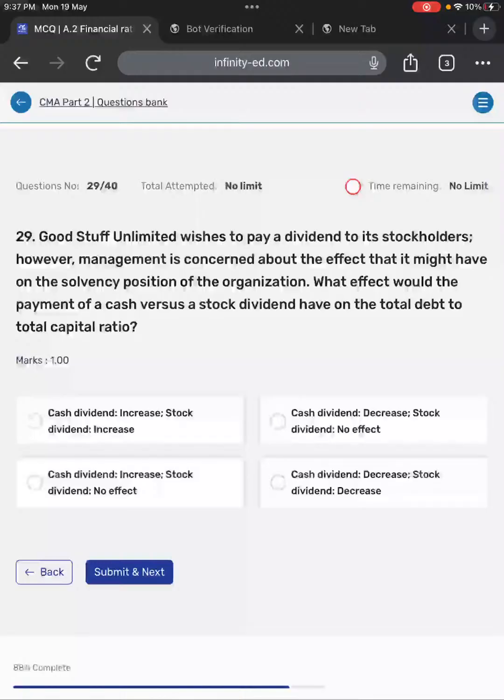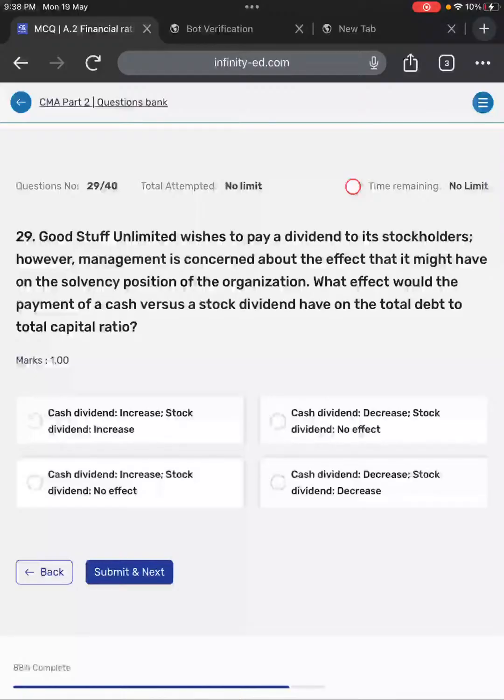Question number 29. Good Stock Limited wishes to pay dividend to stakeholders. However, management is concerned about the effect that might have on the solvency position of the organization. What effect would be the payment of cash versus stock dividend have on the total debt to total capital ratio?